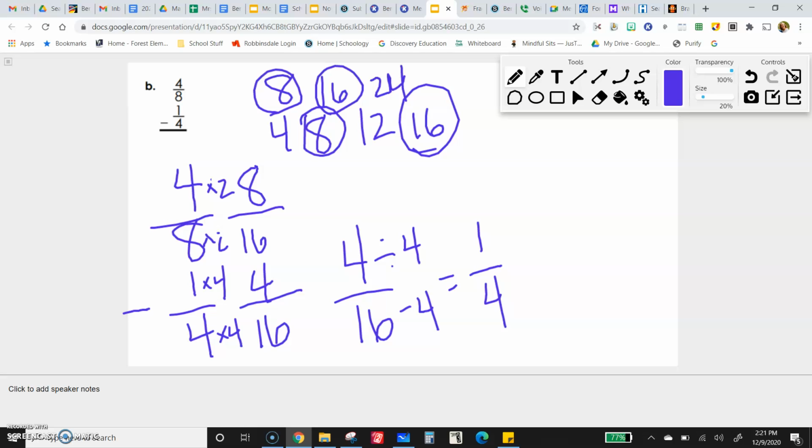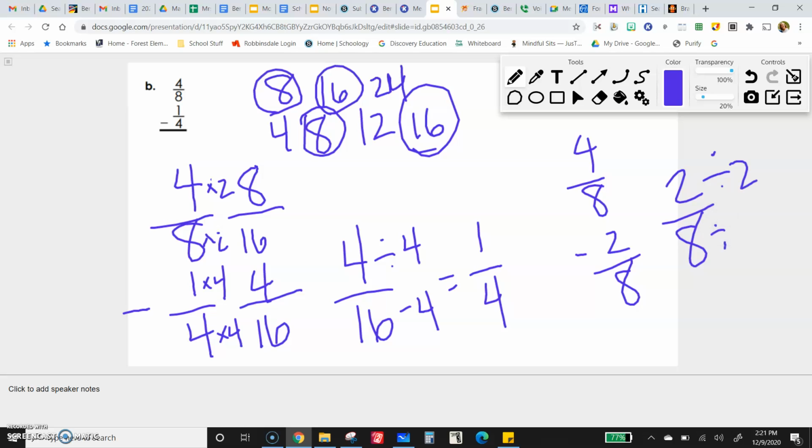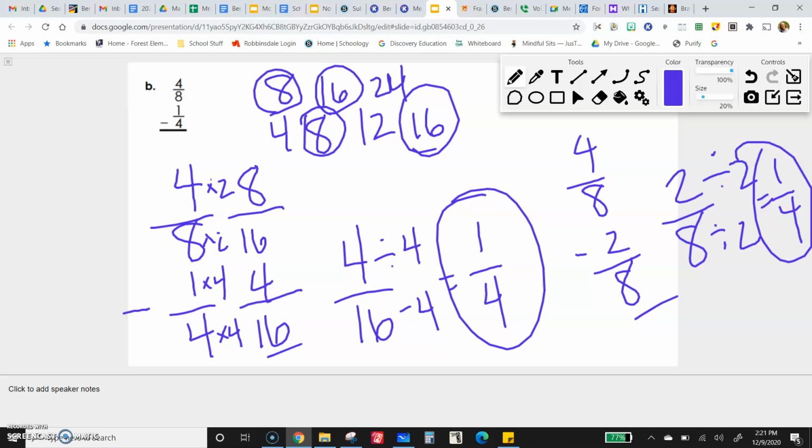Now, if I had used 8, I would have done 4/8 minus 2/8. That would have given me 2/8 divided by 2. Still gives me 1/4. So whether I had chosen 16 or 8 as my denominator, I still ended up with 1/4 as my answer after I simplified.